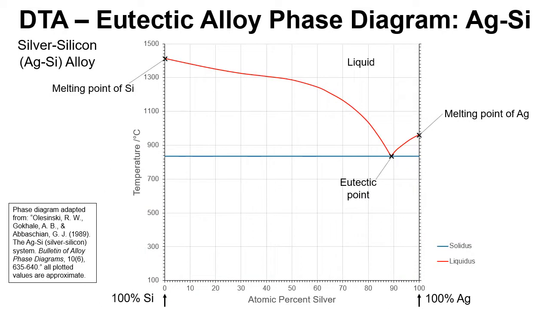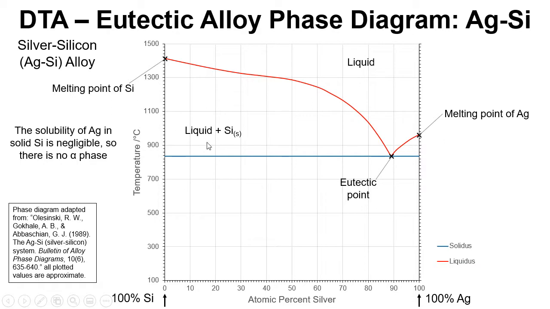Okay, so just to mention another example, this is silver silicon, and so we've got the eutectic point, the melting point of pure silver, pure silicon, the solidus, and the liquidus line. What's interesting is that the solubility of silver in solid silicon is negligible, so we get no alpha phase. So over in this region here we get no alpha phase because of this insolubility of silver into silicon.